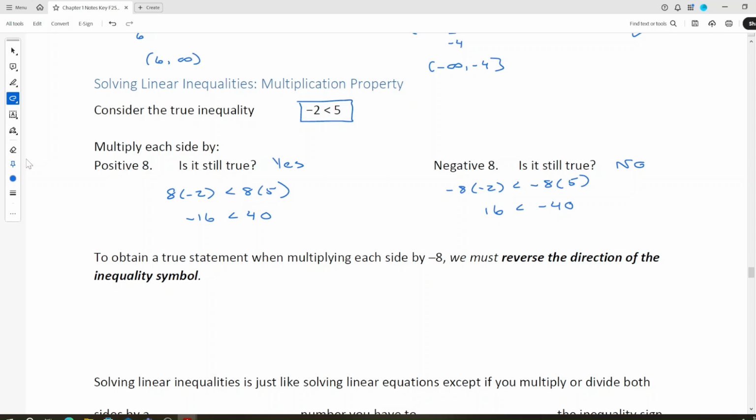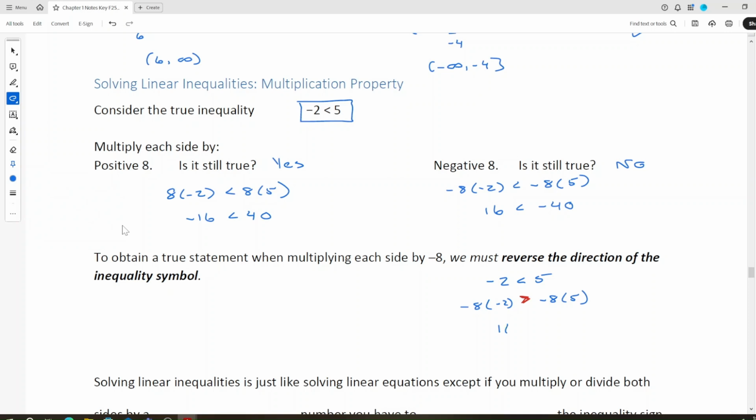So there's a rule. Anytime you multiply or divide by a negative number, you have to reverse the direction of the inequality symbol. So if you start with negative 2 is less than 5, and you multiply by negative 8, you have to flip the inequality sign to keep it true.